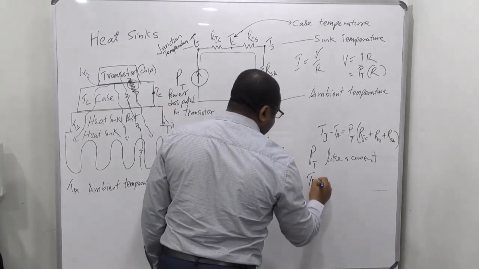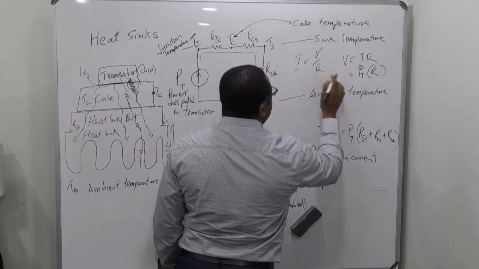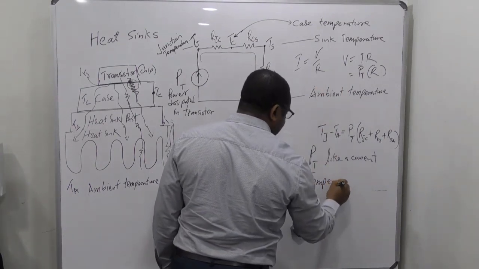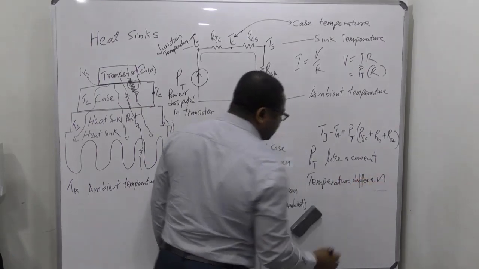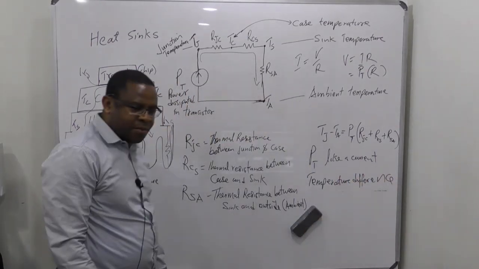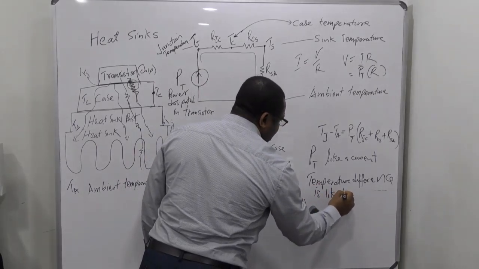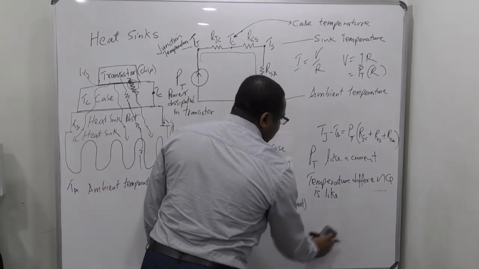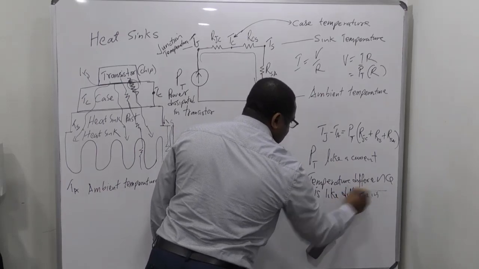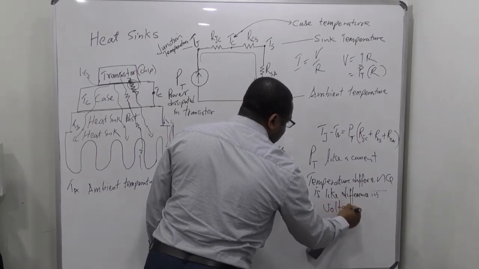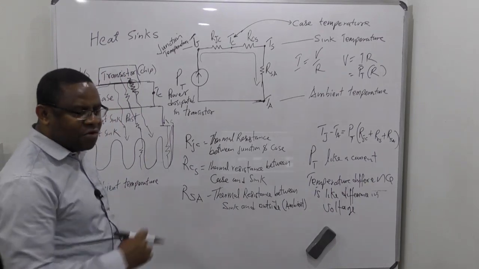So temperature difference is like a voltage difference. While the power dissipated there is like current flowing.